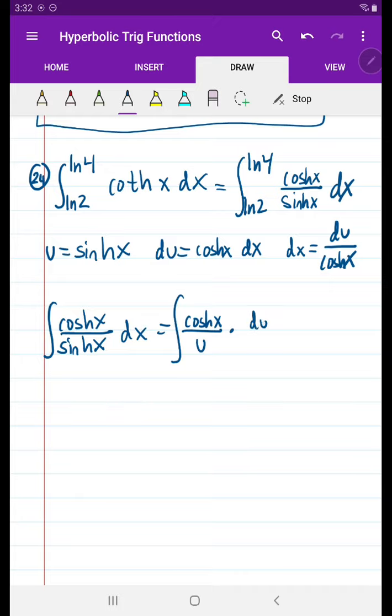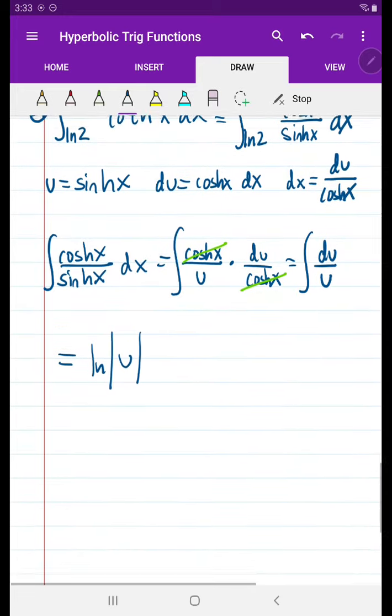And so then my cosh x's will cancel. And so then this is going to turn into just the integral of du over u, which you know is going to be the natural log of the absolute value of u.